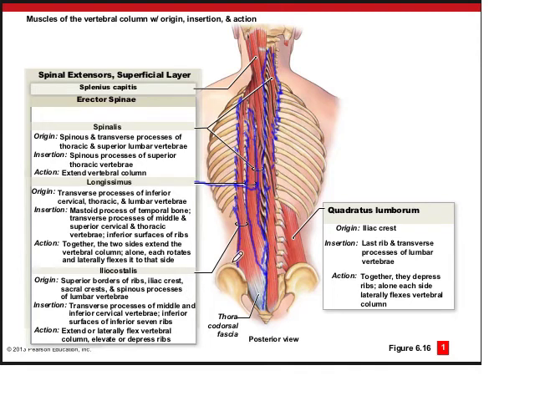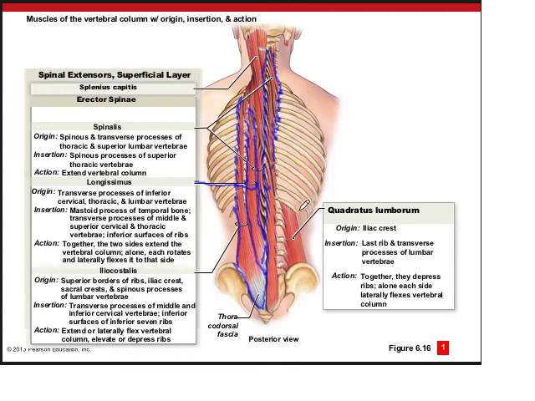So you can see down here as well. It inserts onto the transverse process of the middle and inferior cervical vertebrae and the inferior surfaces of the inferior 7 ribs. And the action is to extend or laterally flex the vertebral column and to depress the ribs.